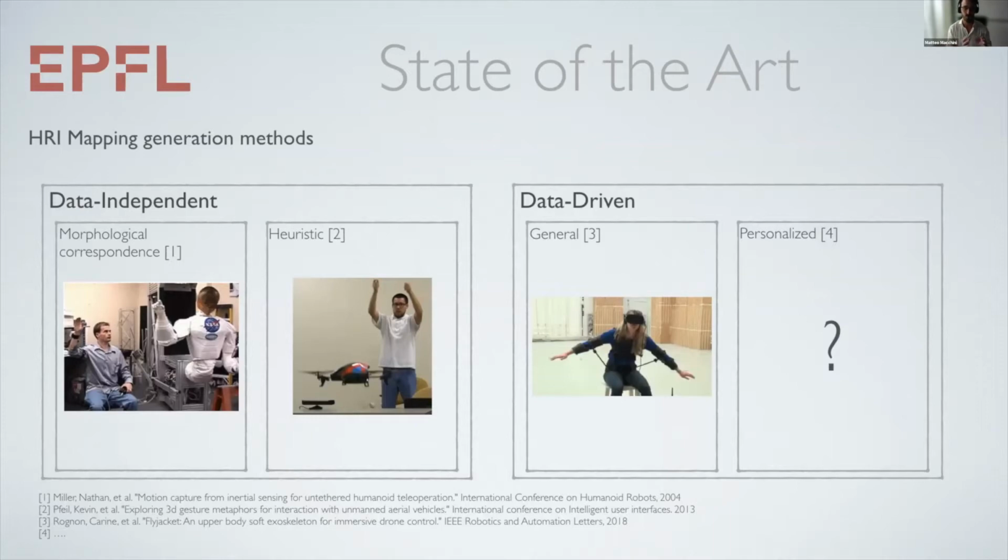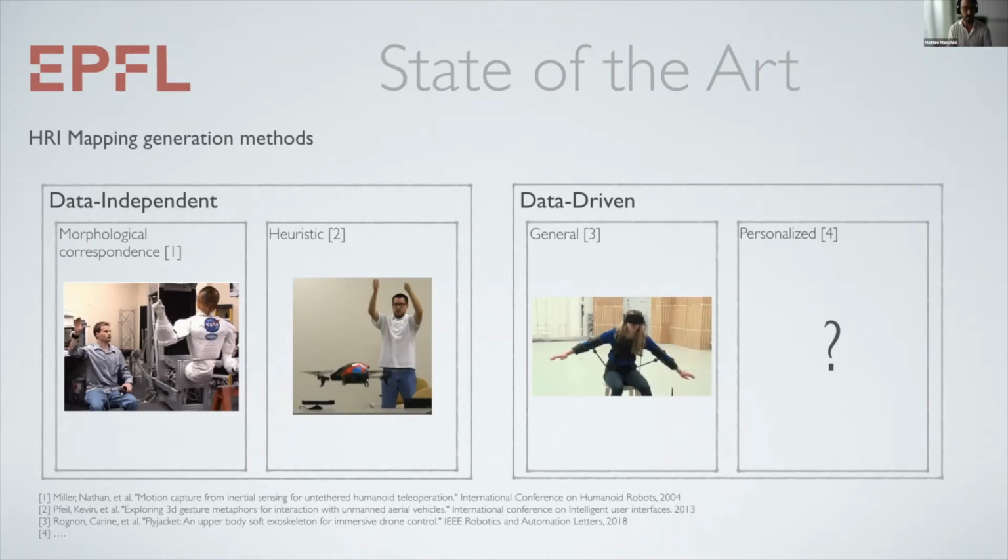The first one is called data-independent mapping functions, and they're normally based on two main methods. The first one is to find a morphological correspondence between the human and the robot, and this works well with humanoid robots, for instance.